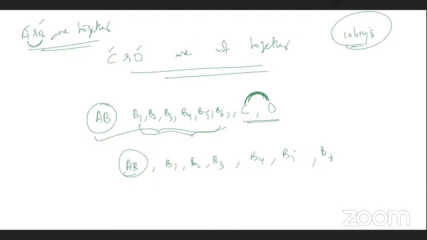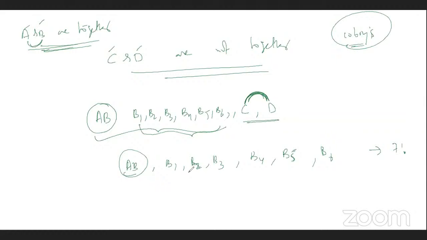This is 1 unit, right? Because AB are together. So how many things? 7. If we arrange these 7, how many ways can I arrange them? 7 factorial. Very good. 7 distinct things I can arrange in 7 factorial ways.